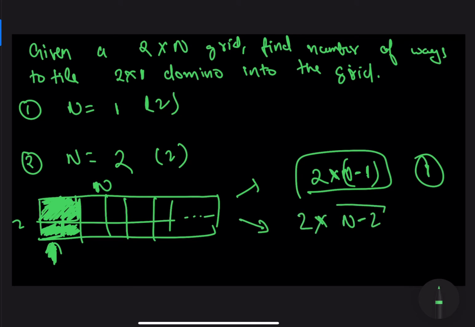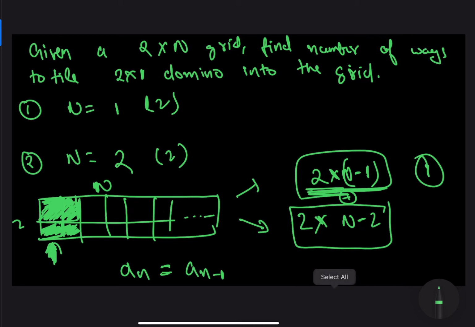So basically, let's say that a of n is the number of ways to tile a 2 cross n grid. With the help of these two cases, a of n becomes a of n minus 1 for the case where we chose a vertical domino, since we have to find the number of ways to tile a 2 cross n minus 1 grid, plus a of n minus 2 for the second scenario where we laid down two horizontal dominoes.